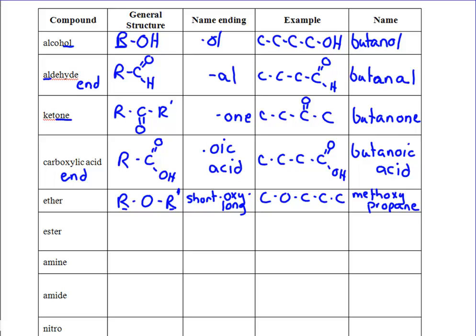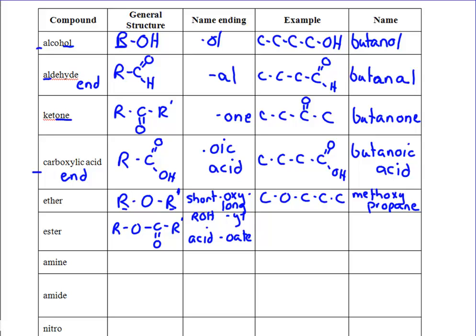An ester is something that we can make in the lab, even here, and it is actually the combination of our carboxylic acid and an alcohol. So I have the alcohol attached to a single oxygen, attached to a carbon that has a double bonded oxygen, and then the rest of the chain. When I'm naming it, the alcohol portion gets named first, and it has a YL ending, and then the acid portion gets named second, and it has an OATE ending.